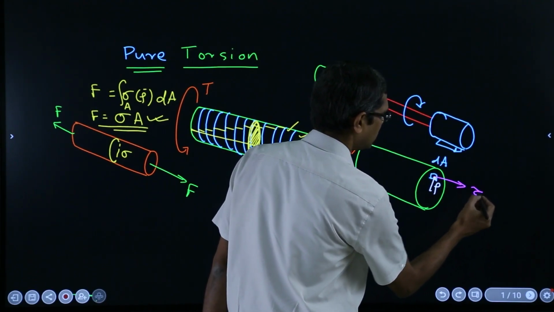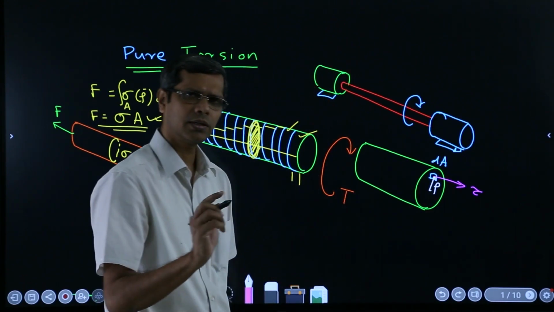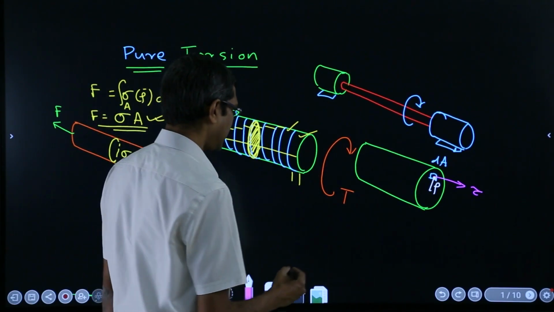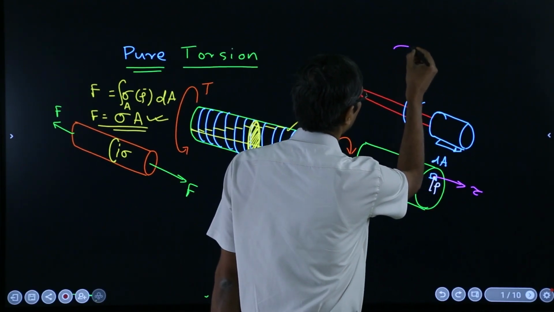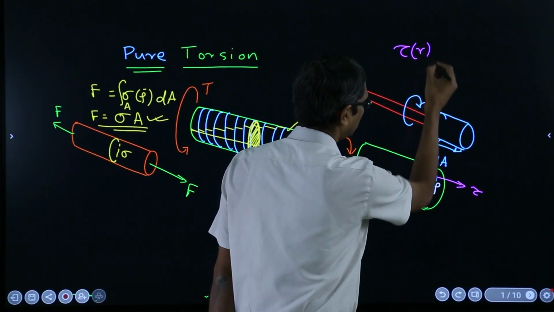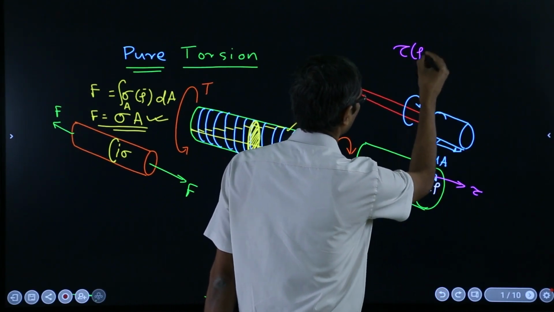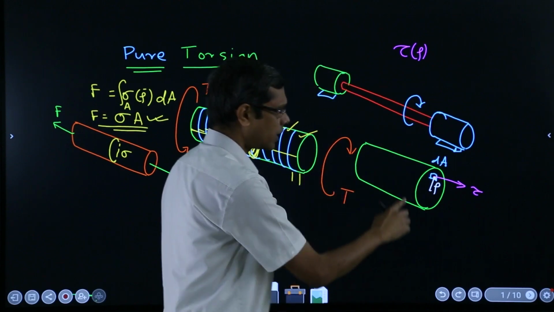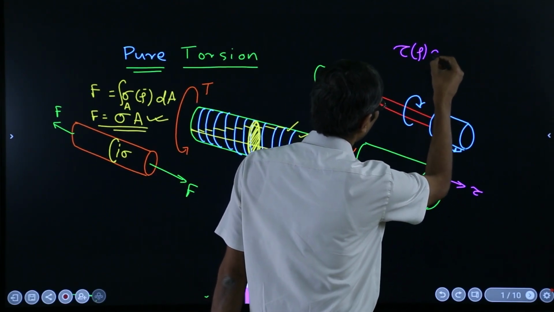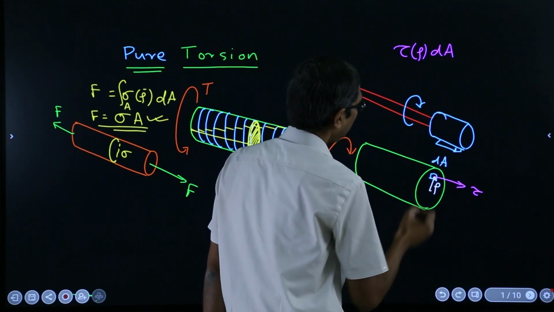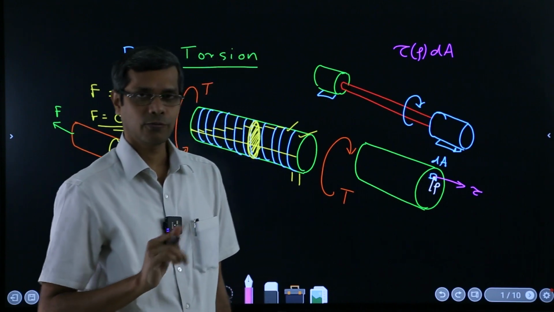So tau at that particular location rho, a function of rho, multiplied by dA is just the force.